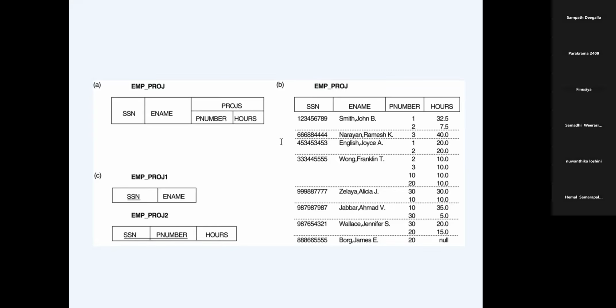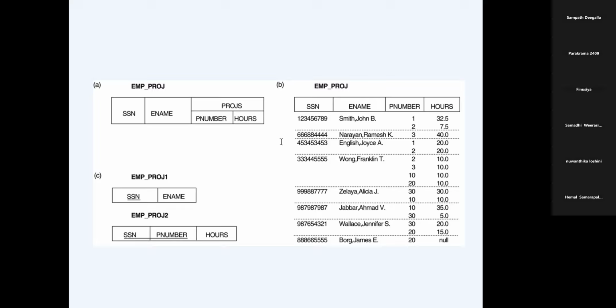In this particular example, it shows you the information about employees and projects together. So what you notice here is you will have employee details and his project information in the same place. Okay, this is not allowed in first normal form. You have to separate it out.